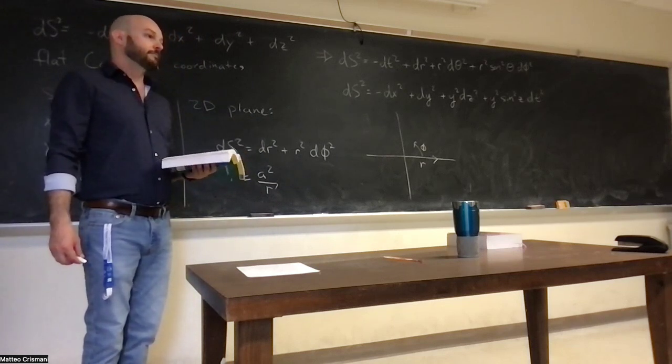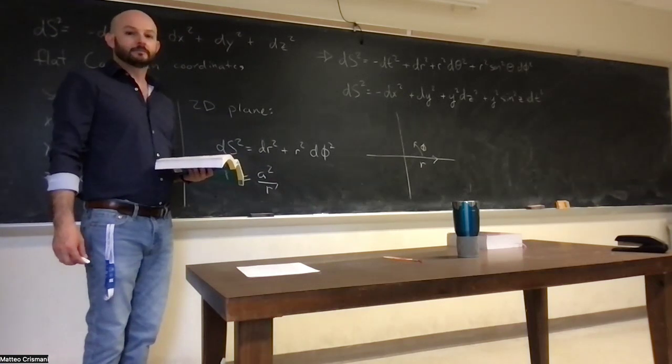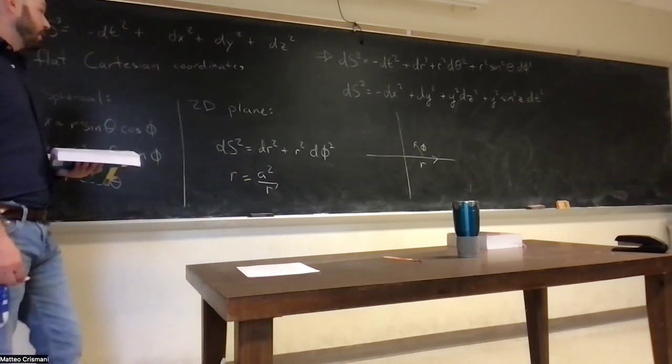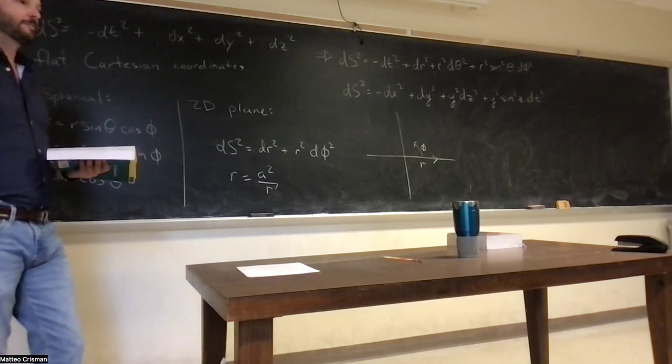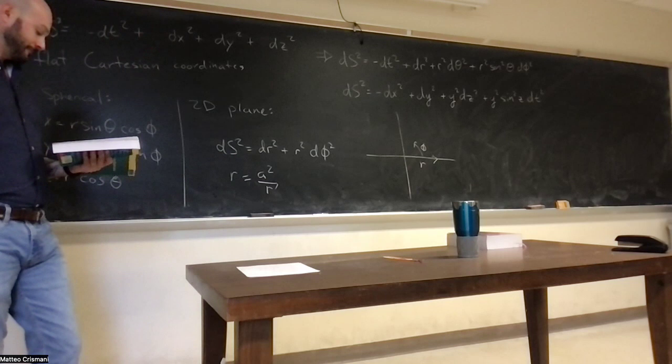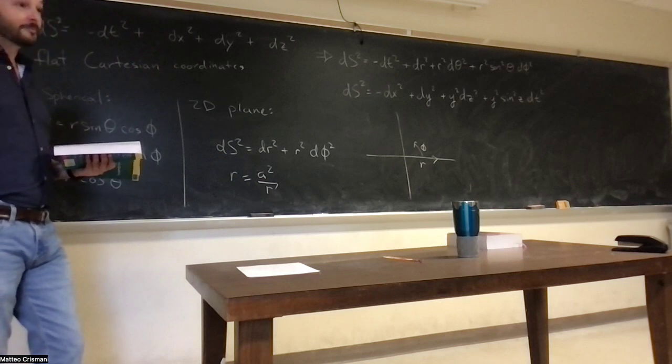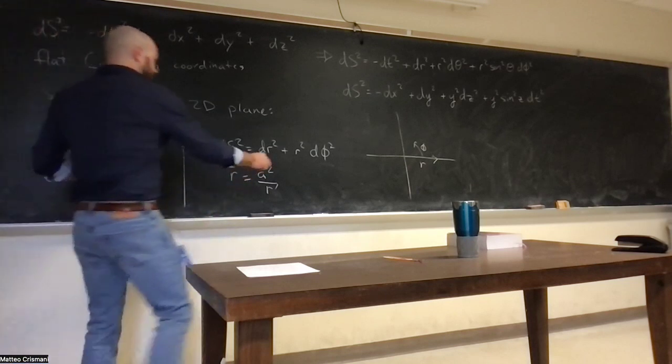What do you think about that? So R is now a squared divided by R prime. And H is constant. That is a constant, sorry.